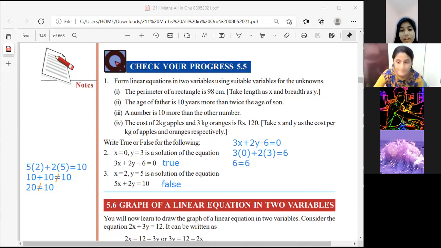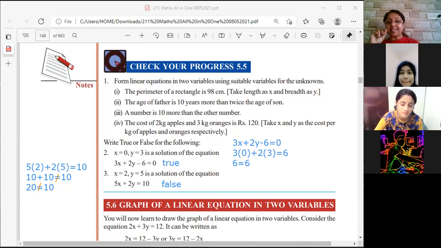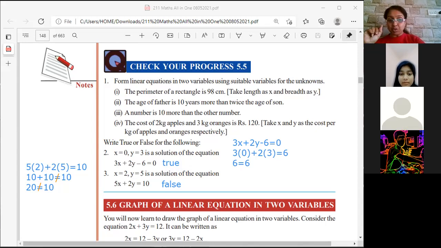Today I didn't understand why, how should we write true or false? What are they asking us? They are asking us whether this statement is correct or not with the values that they have given us. If the value of X is 2 and the value of Y is 5, then tell me whether the equation that is given is true or false.